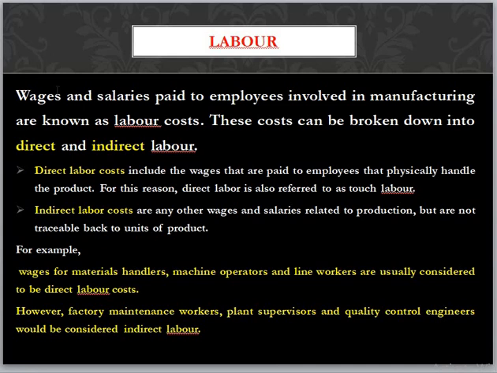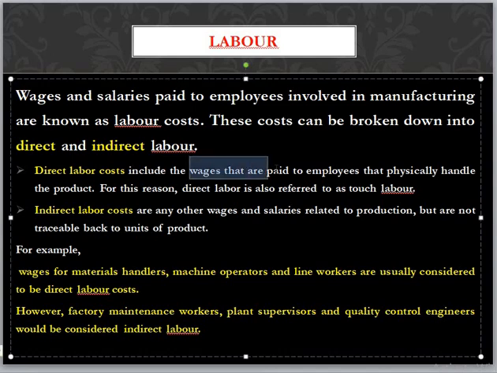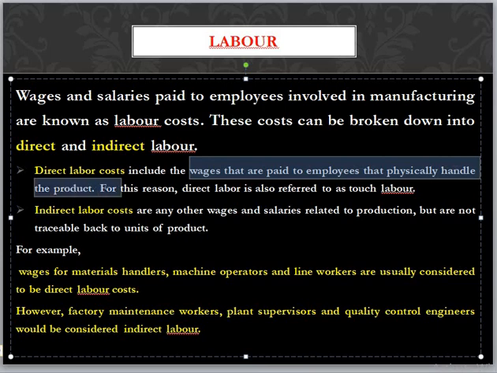Whatever wages and salaries are paid to the employees involved in manufacturing are known as labor cost. Direct labor cost means wages that are paid to employees that physically handle the product. For this reason, direct labor is also referred to as touch labor.